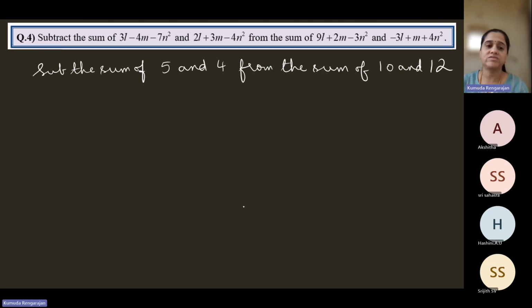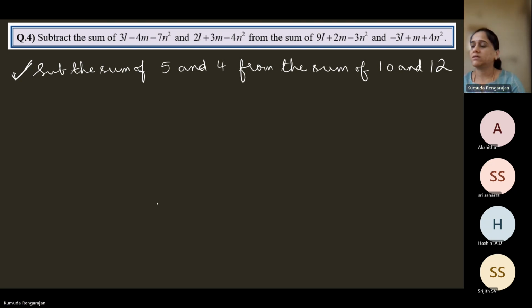So Harini, what you do first? For this numerical question, similar to the given question, I've constructed a similar question using numbers so that we understand how to go about the answer. On the expressions we have used numbers. So subtract the sum of 5 and 4 from the sum of 10 and 12.